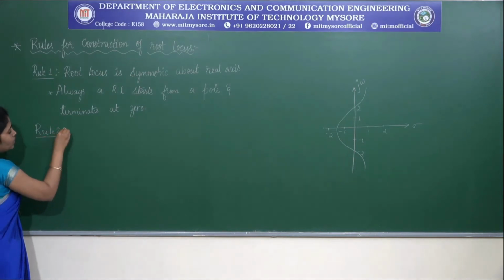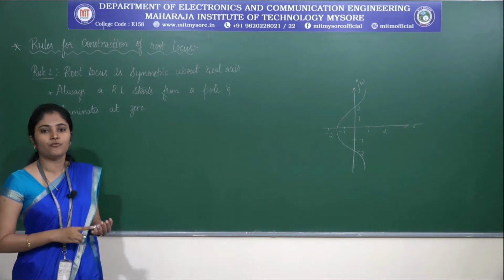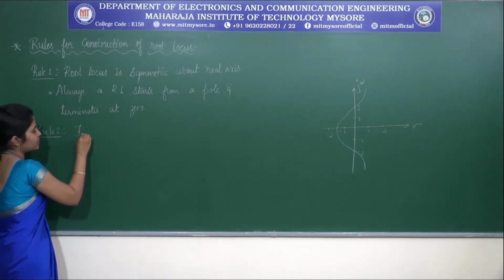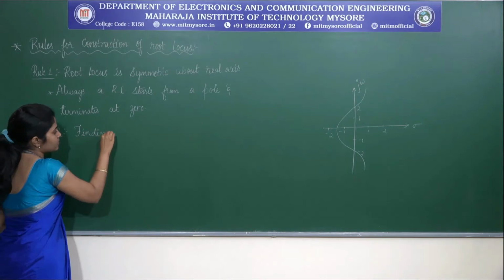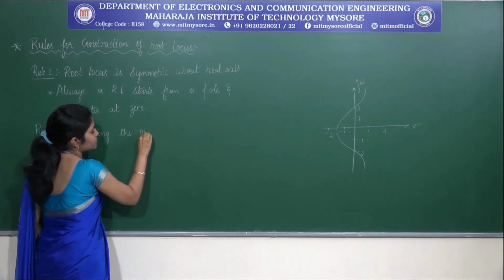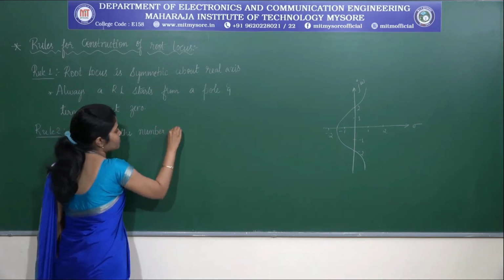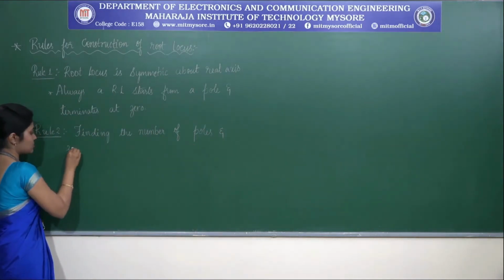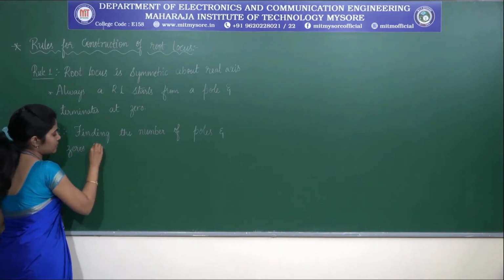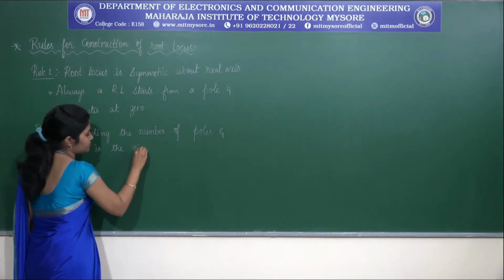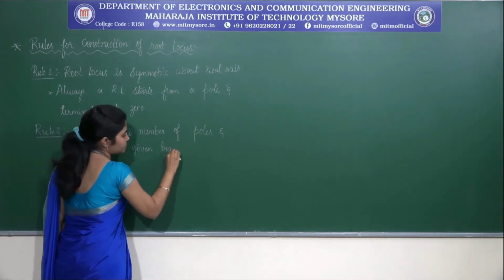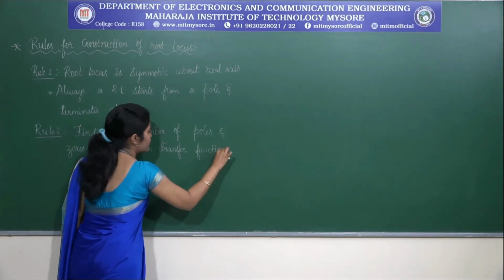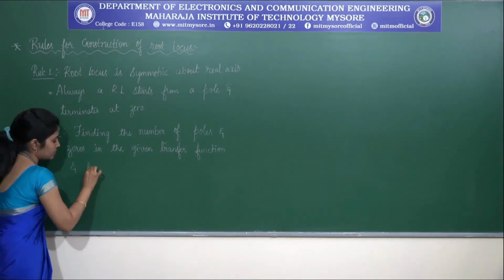So in rule 2, what we are doing is, we are trying to find out the number of poles and zeros present in the given transfer function, and we also try to find out their locations.